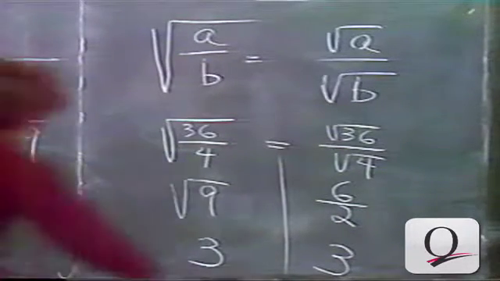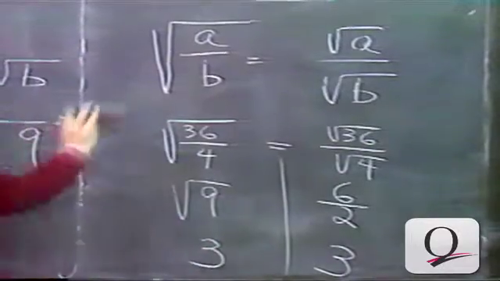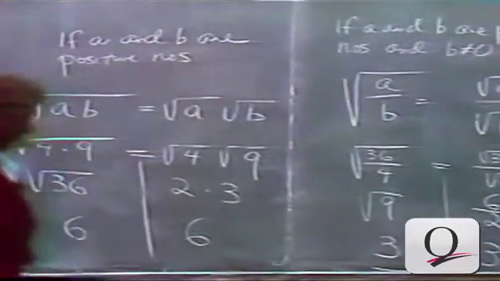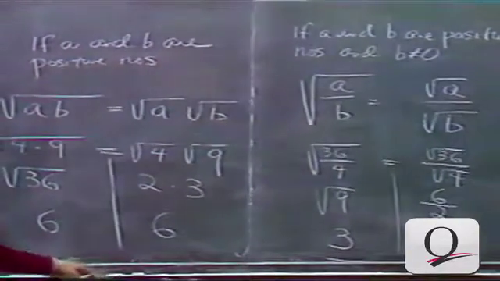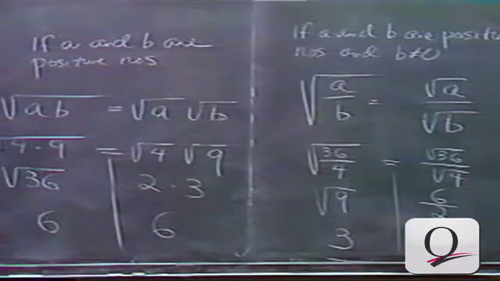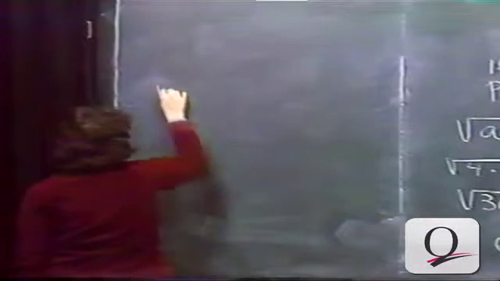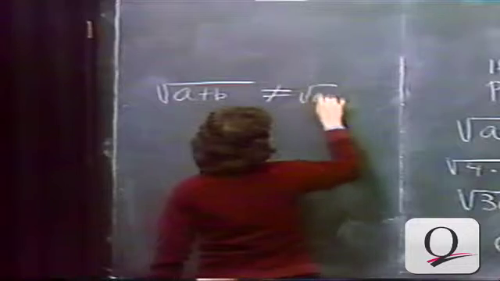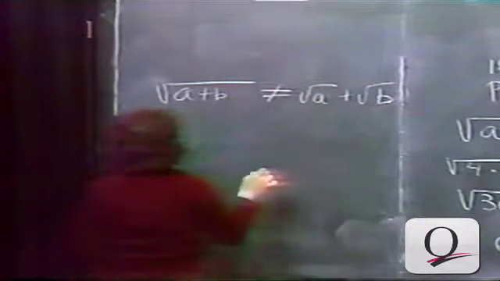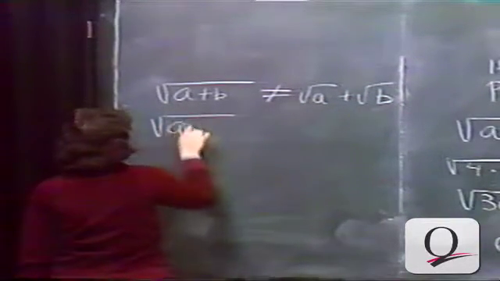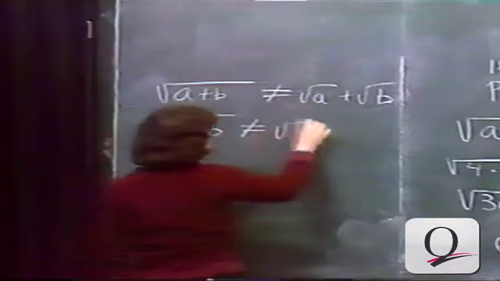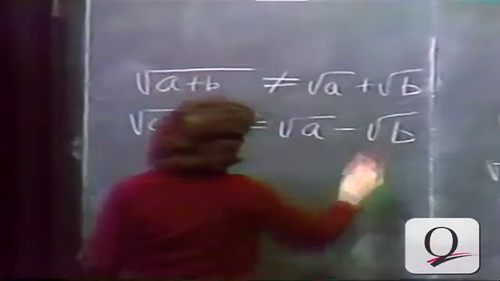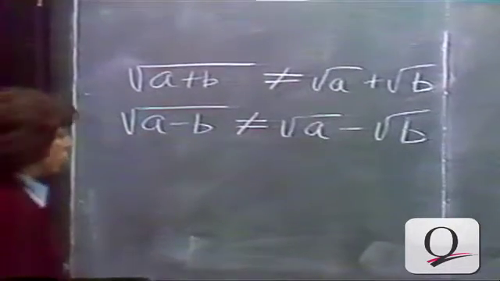Please be aware of the fact that I gave you a rule for products, I gave you a rule for quotients, but I gave you nothing for sums and differences. It is not true. The square root of A plus B is not the square root of A plus the square root of B. Also, the square root of A minus B is not the square root of A minus the square root of B. These don't work.